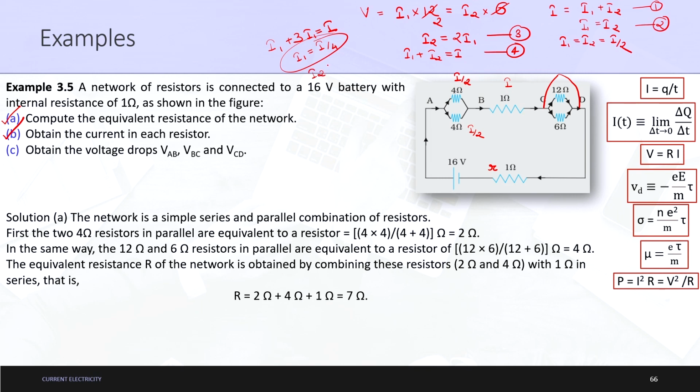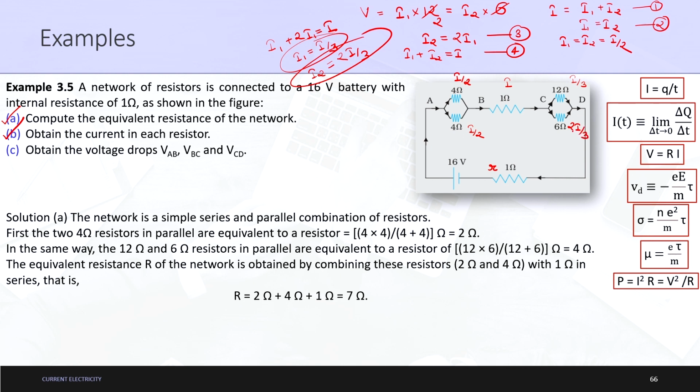Similarly, I2 is equal to 2 I1, that will be equal to 2 I by 3. Sorry for the mistake. So finally we get the two currents equal to I by 3 and 2 I by 3. These are the currents which are passing through all these resistors.